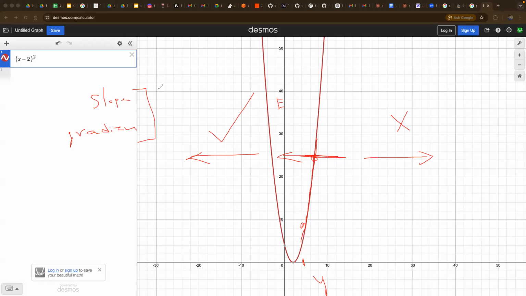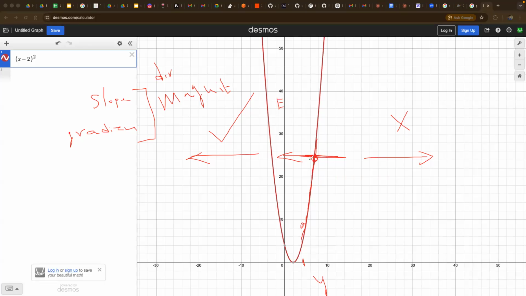So what is a vector? It will have both magnitude and direction, right? Magnitude, you know. How do we calculate the slope? Magnitude is how much this function changes if I change the x value by a small amount.